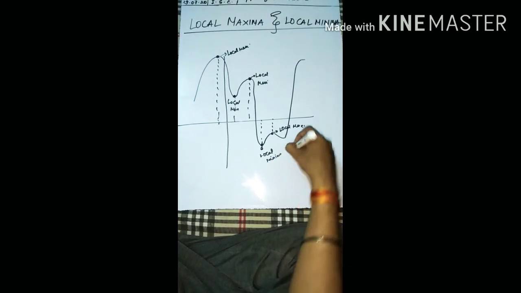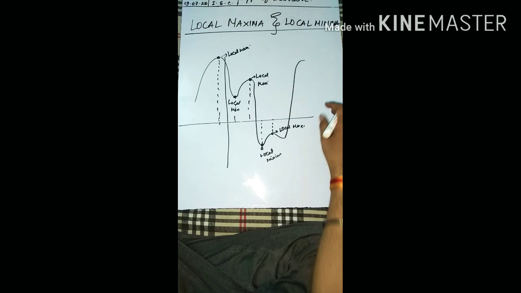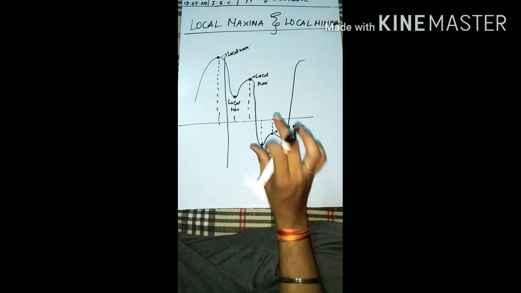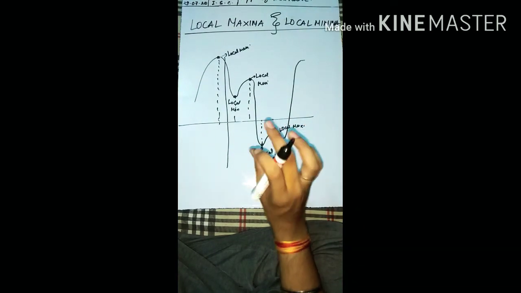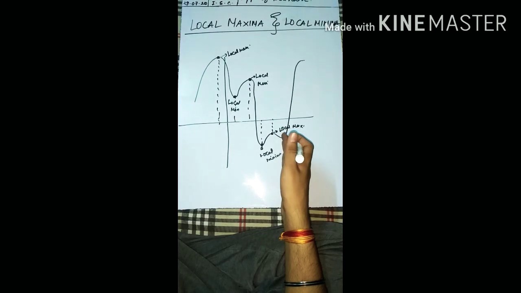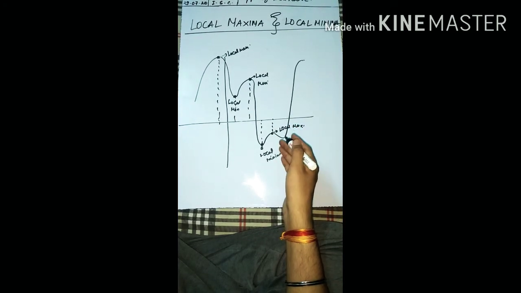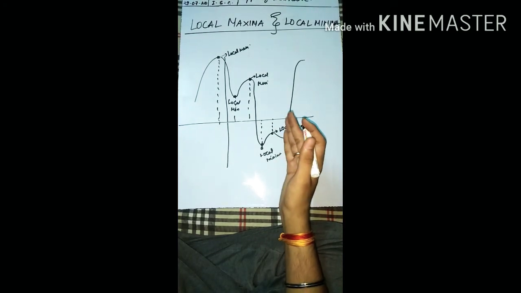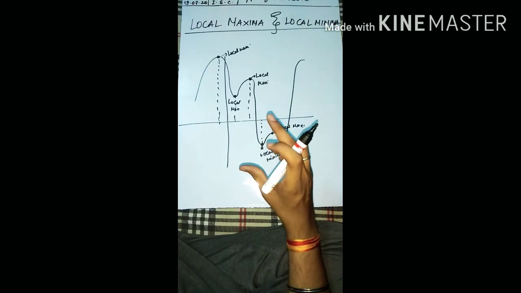And when you go again after that, locally you have to see which is going more upside and which is going more downside, the amplitude we say.